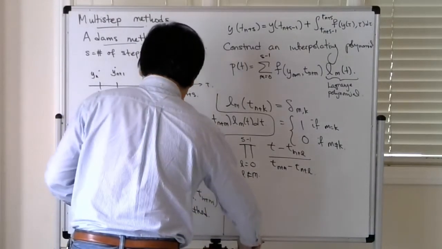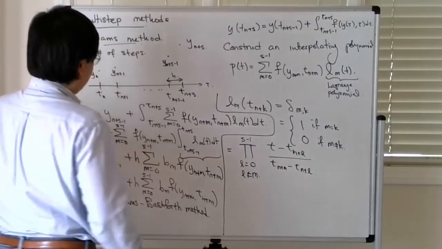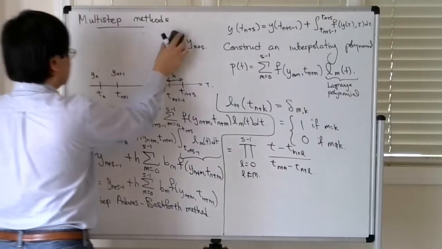So let's look at a few examples of this. I also want to say how this b_m comes about more specifically.